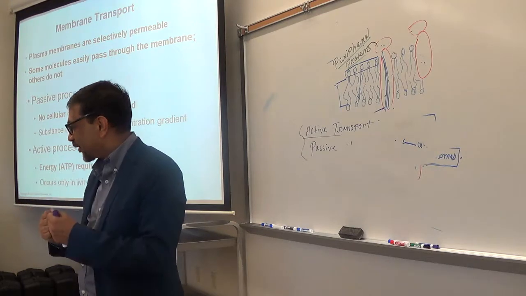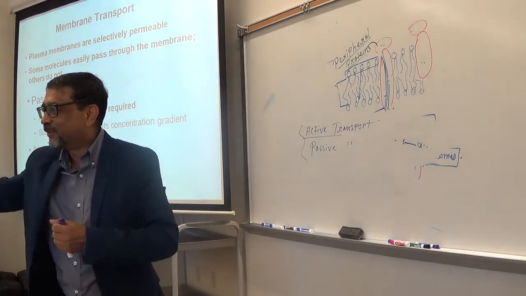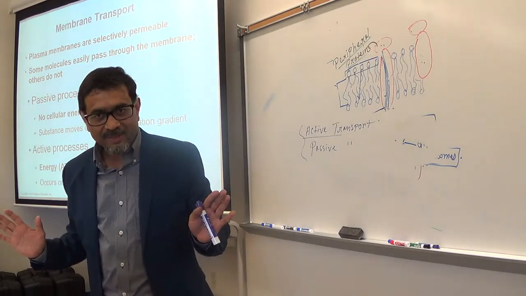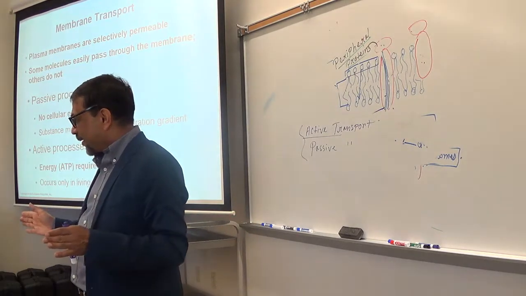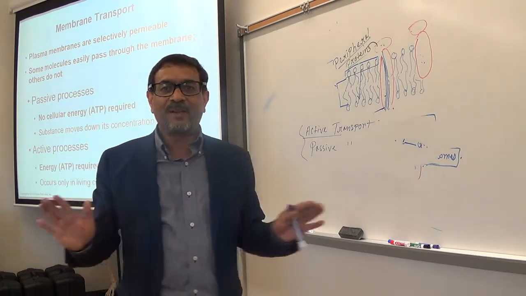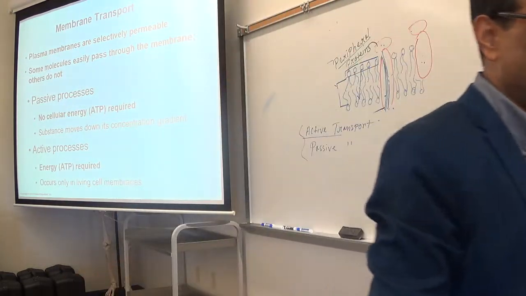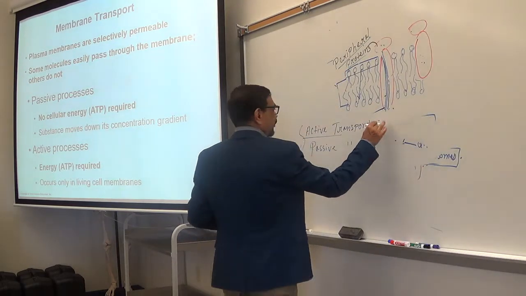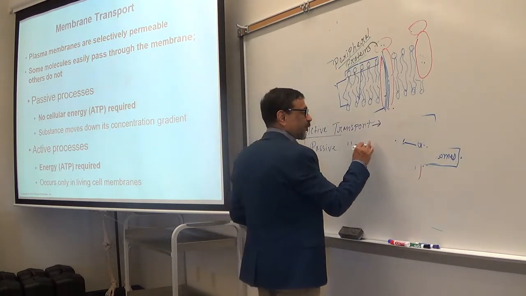You just sit on the boat and it will go by itself, without starting the engine. Make sense? So that is passive. You are not spending energy, ATP. So active transport requires ATP. Passive transport does not require ATP.